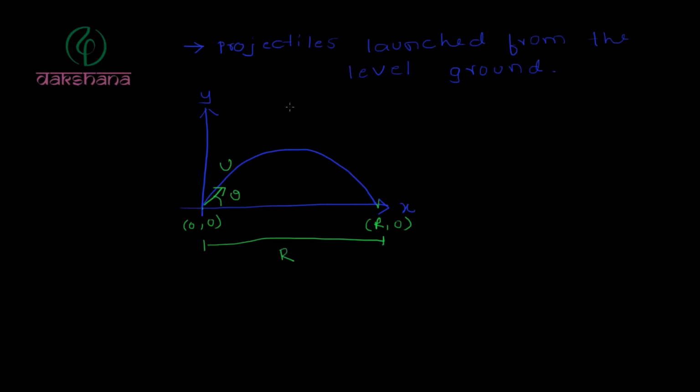And let's mark the maximum height by h. So as you can see, this is our projectile launched from the level ground at an angle theta with the speed u, the maximum horizontal distance covered by it is r, that is range, and the maximum vertical distance covered by it is h.